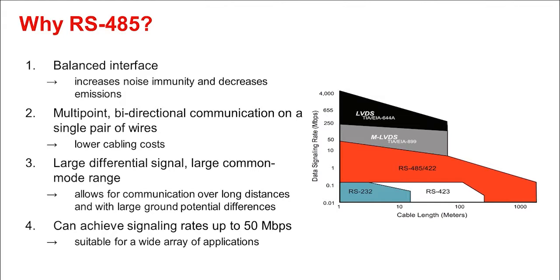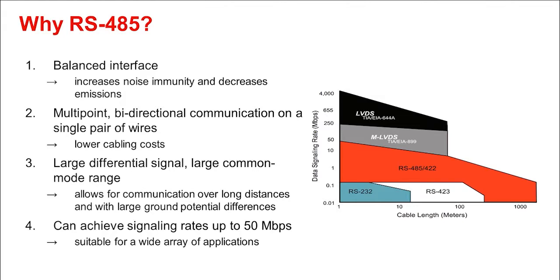RS-485 supports multi-point bidirectional communication across two wires, which can help lower cable costs. An RS-485 driver is required to drive a large differential signal into an RS-485 load. This enables the signal to travel across long distances while still being large enough to be accurately interpreted by the receiver.